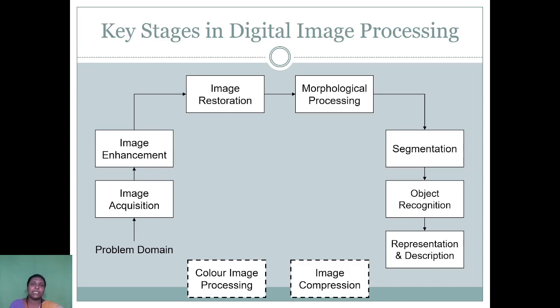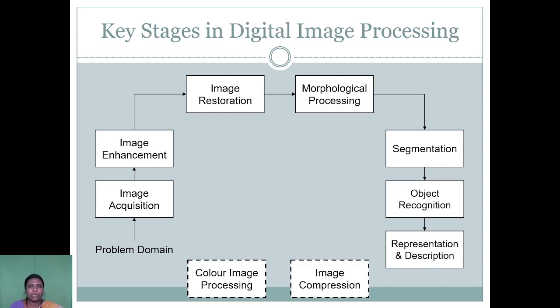And these are the key stages in digital image processing. What are the key stages? Just before, we studied the fundamental steps, and these are the key stages in digital image processing. First we have to fix the problem domain.